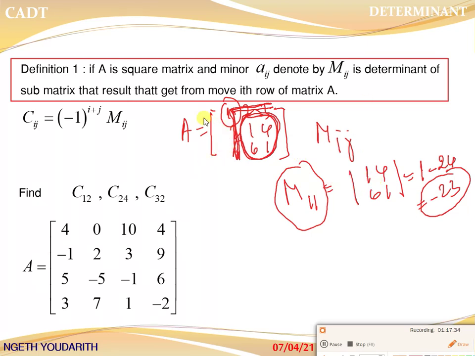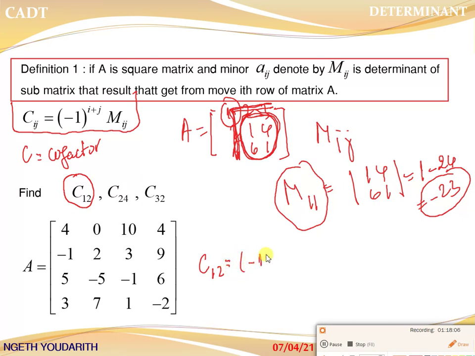And now we go to C, which we call the cofactor. The cofactor has this formula: negative 1 to the power i plus j, times M_ij. So now we want to find C12. C12 is equal to minus 1 to the power 1 plus 2 times M12.